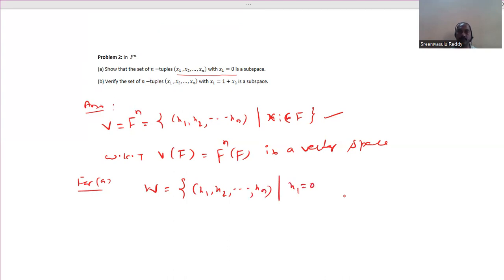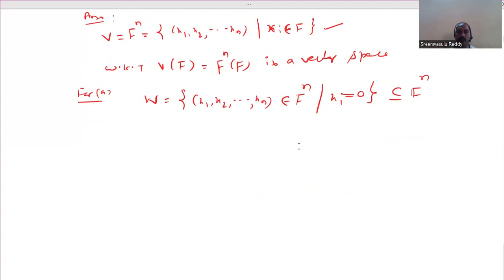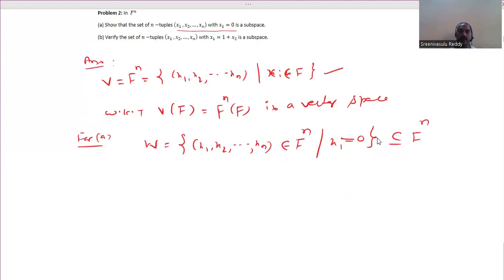This belongs to the previous set V, that is Fn. Clearly it is a subset of Fn, because you take all the elements of Fn whose first component is equal to 0. So non-zero first component vectors also belong to Fn, zeros and non-zeros all belong, but we collect only first-component-0 vectors from Fn.